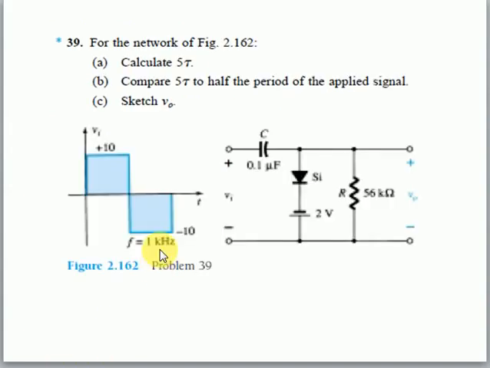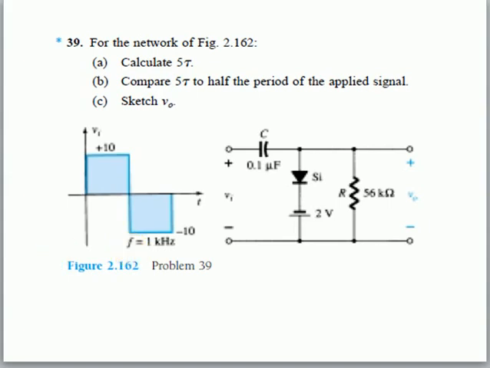Now in part B, compare 5 tau to half the period of the applied signal. Basically 5 tau is the time. So for half the period of the applied signal, here we have the frequency f equal to 1 kilohertz. So the time period T is equal to 1 over f, that is the reciprocal of frequency.